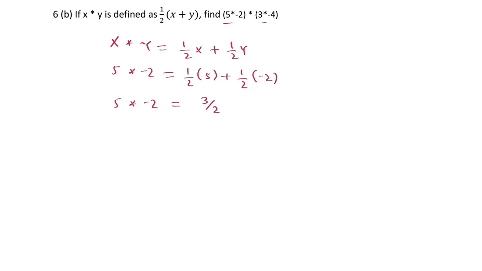Our equation is going to be 3 star negative 4 equals 1 over 2 times 3 plus 1 over 2 times negative 4. Calculating this, we are going to have 3 star negative 4 equals negative 1 over 2.